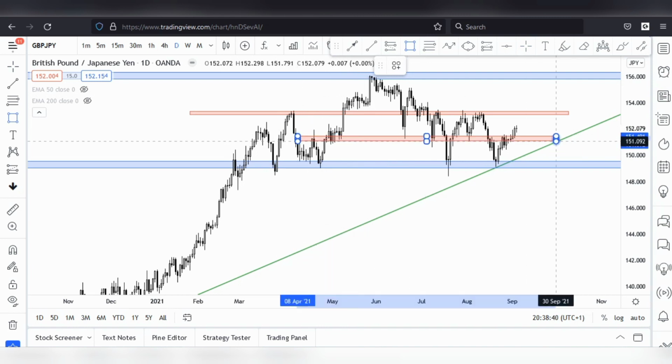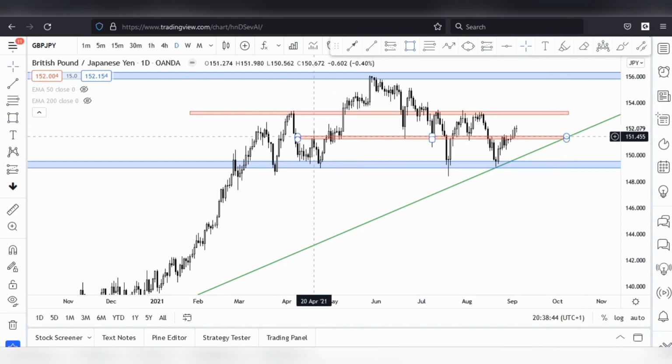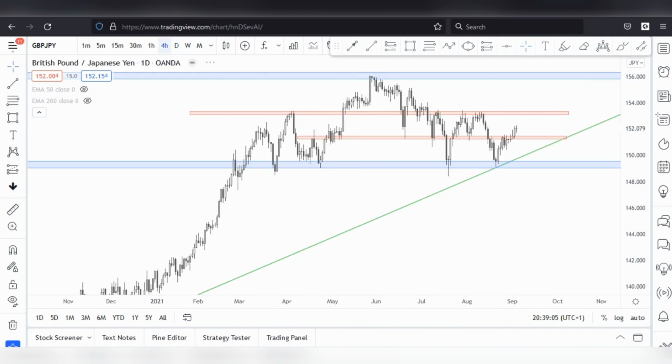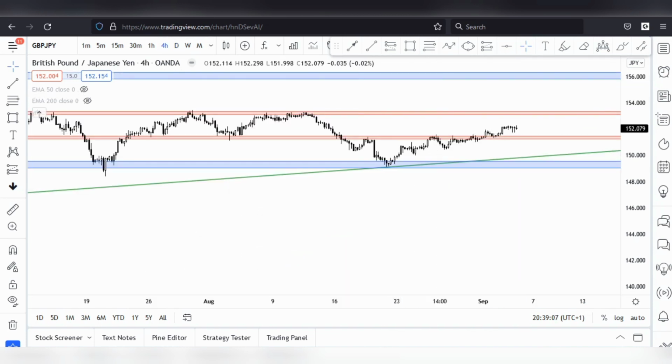At this level you can see that price has tested it several times, came down, bounced off it, came back up, broke it and retested, went up, came back, tested it here, bounced off, tested it here, bounced off, broke it again and bounced off it. So right now price has broken that level. That is what we'll be looking for. Those are our two very important areas now.